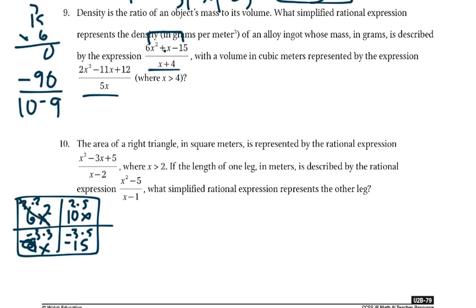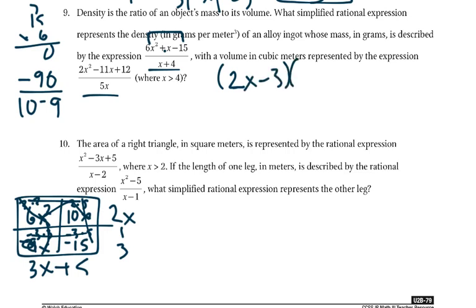So a positive 3x, a positive 5, a positive 2x, and a negative 3. So I get 2x minus 3 times 3x plus 5 over x plus 4.